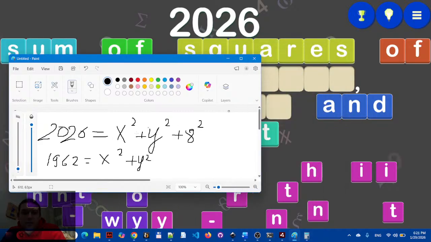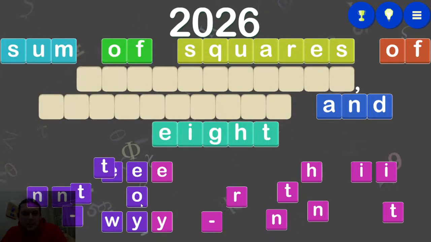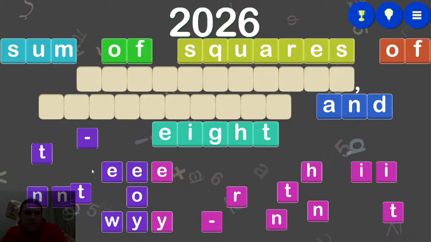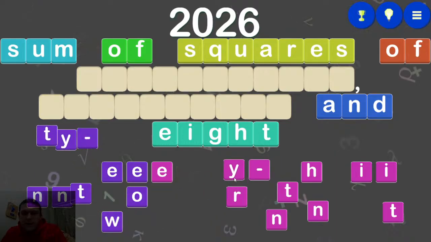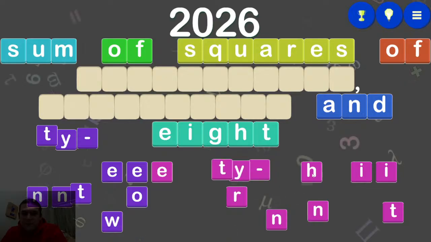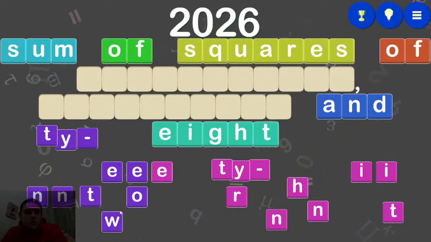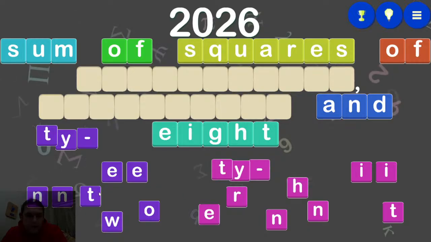Let's look at the letters. So this is what math gives us. But let's look at the letters. So it's something T something, and this is also T something. So do you recognize the pattern?